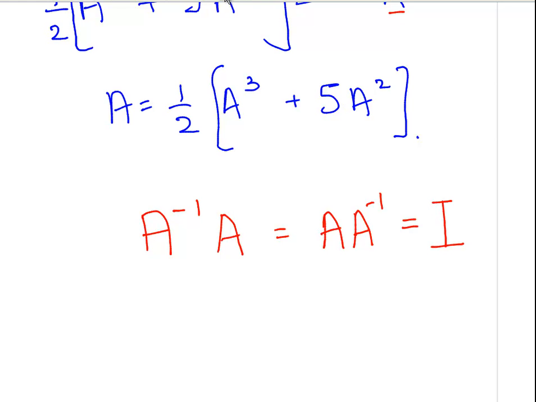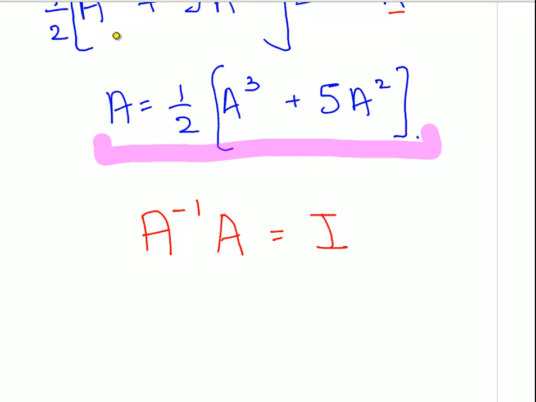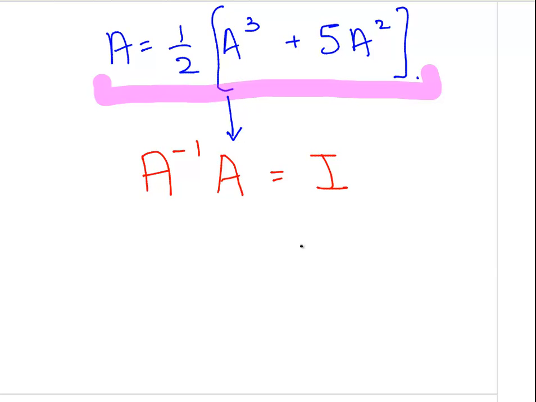I'm going to use the first variant: A to the minus 1 times A equals the identity matrix. But here we're going to use this expression as A. Just think that through for a second. We're going to replace A with 1/2 of (a cubed plus 5a squared). Great.